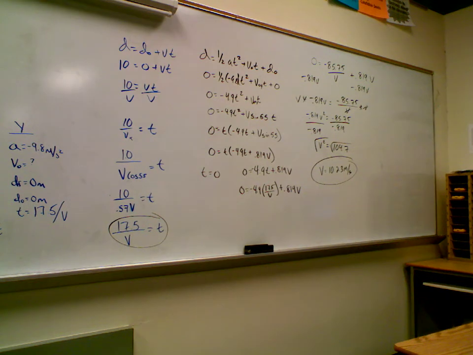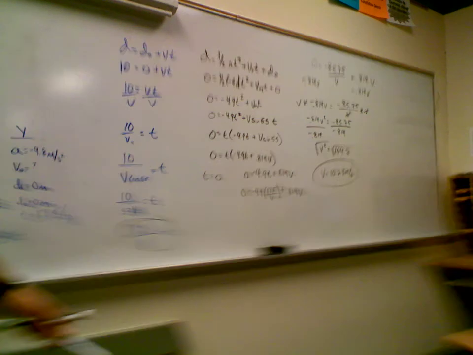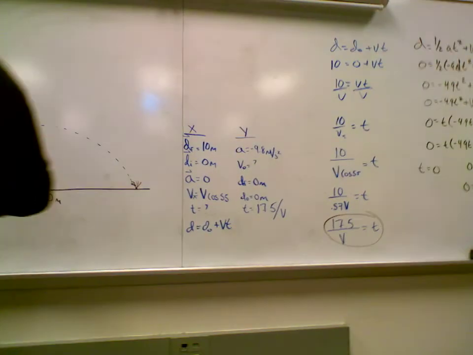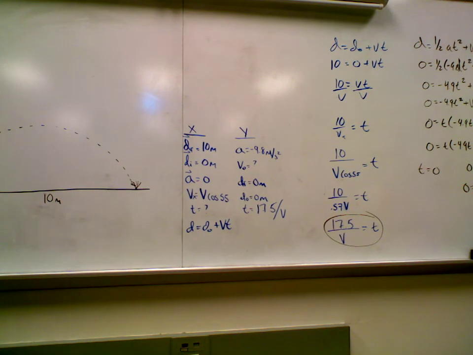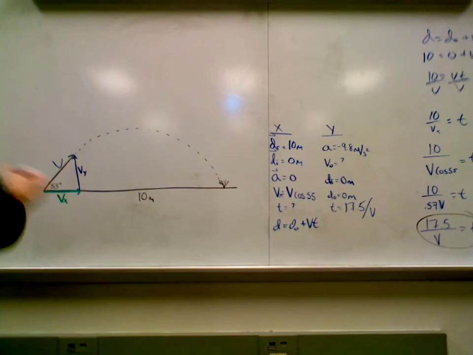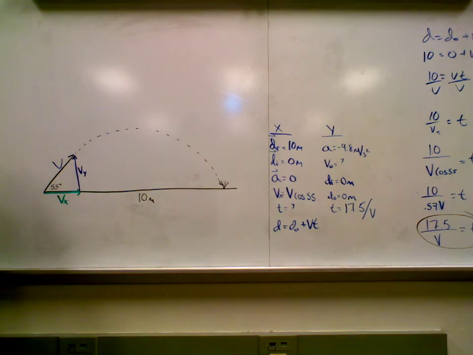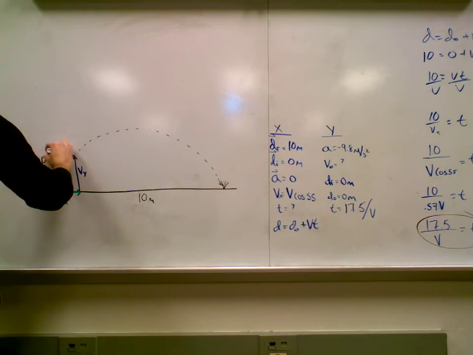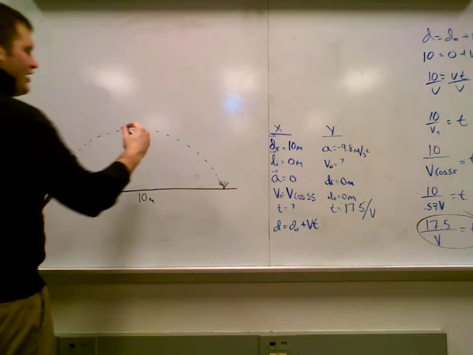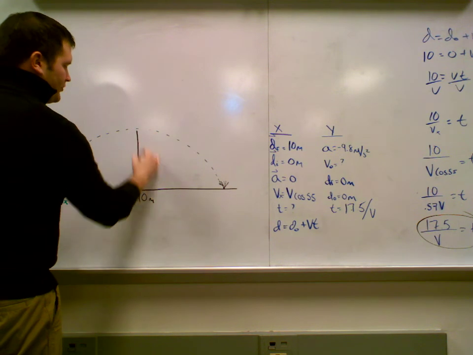So, the next part of this problem says, will it make it over a 3.5 meter tall house? Well, where would the best location to put the house be? In the middle, right? So we know this launch velocity right here is 10.23. If we want to make it over the house, we put the house really skinny right here in the middle.